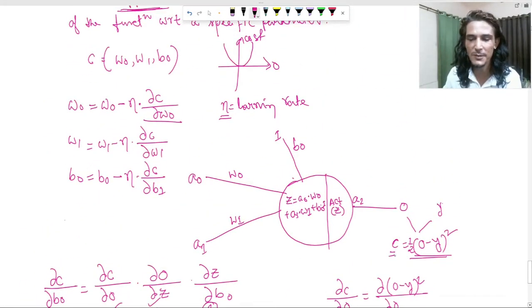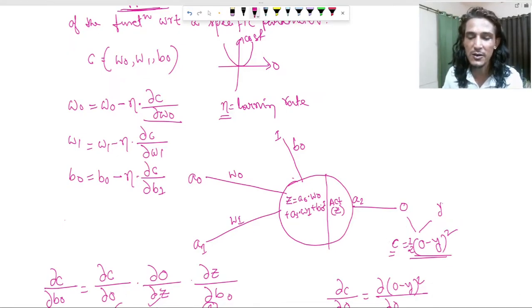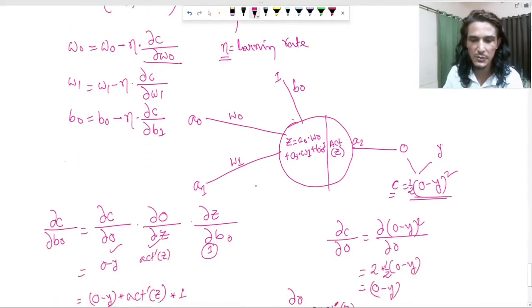We want to compute the rate of change of cost with respect to this w0. It means how much C changes with respect to O, how much O changes with respect to z, and how much this z changes with respect to w0. That's what we want to do, isn't it?